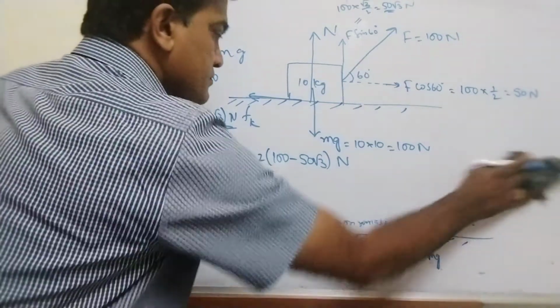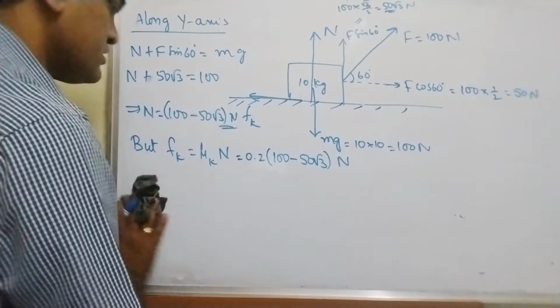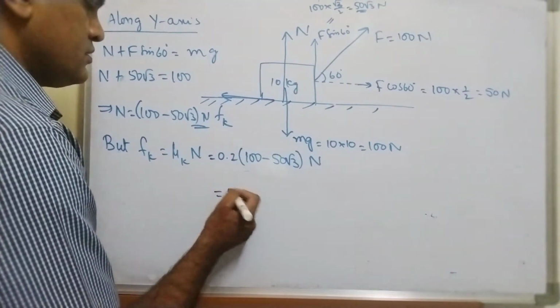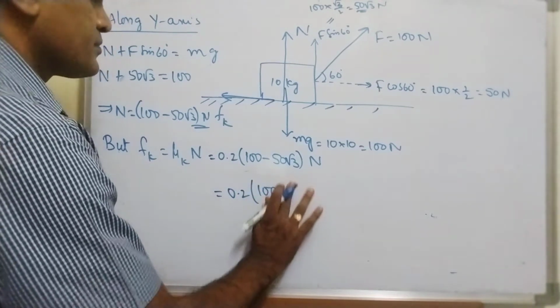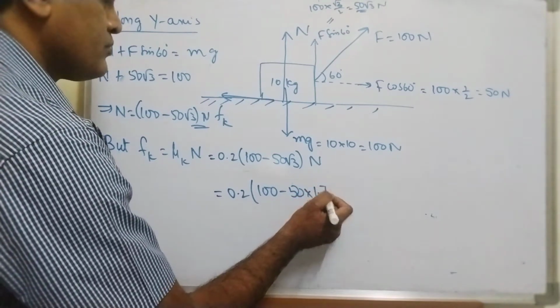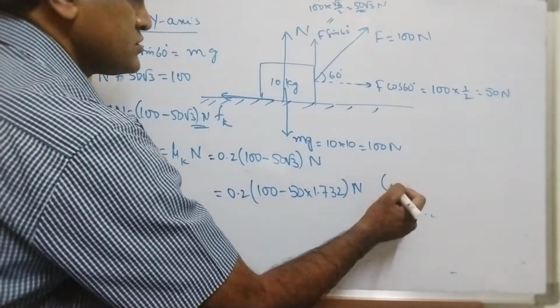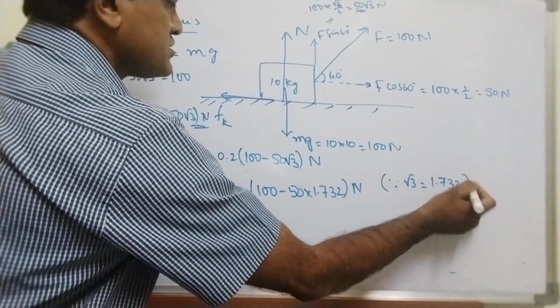Fine. Now if I take root 3 value as 1.732, 0.2 into 100 minus 50 into 1.732 Newton. Since root 3 value I am taking as 1.732.